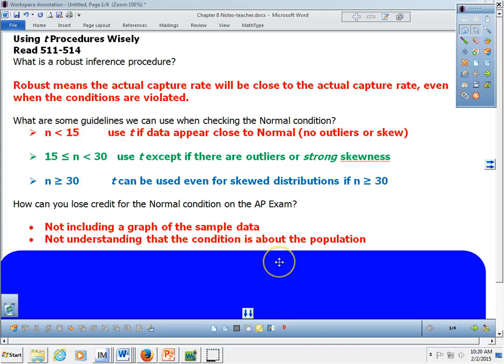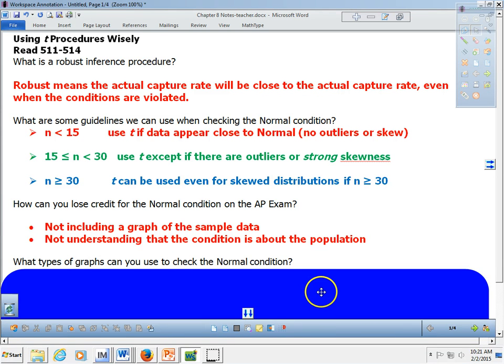But if it's less than 30, we have to make sure that the population distribution is approximately normal, because if it is, our sampling distribution will automatically be approximately normal. Okay, so it all does come back to the sampling distribution, but the sampling distribution is based on the population. So we have to talk about the normal condition in terms of the population. Okay.